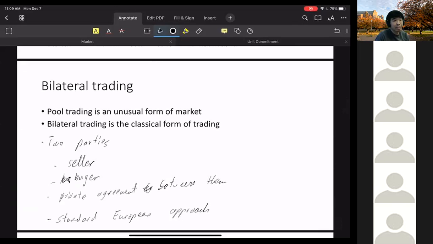So you just tell the government, generator A decided to load 1 gigawatt of power. That's all you need to do. You don't need to say anything else. So these are two different approaches. And of course, nowadays it is much more complicated.